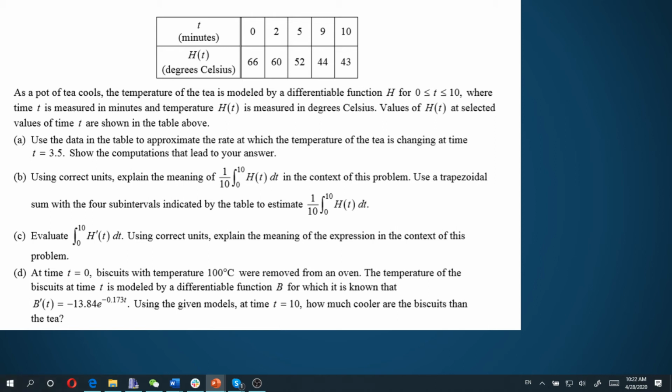Okay, thanks, Juno. I can see the chat now. So, we were given b prime of t, and we were told what the start point was at 100 degrees Celsius.